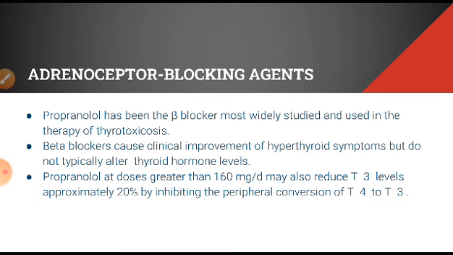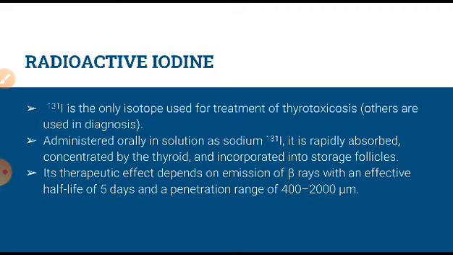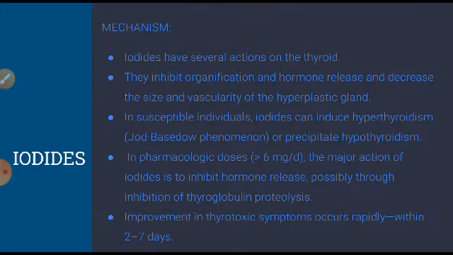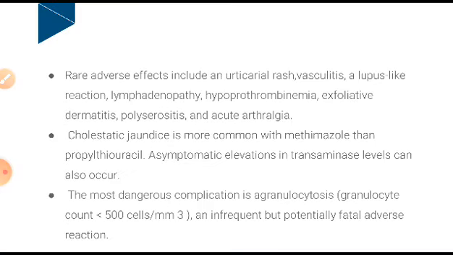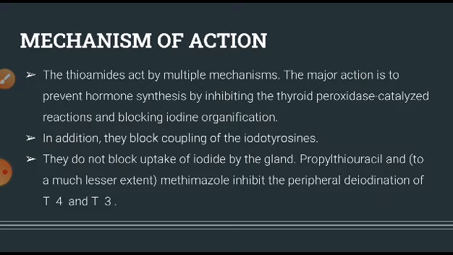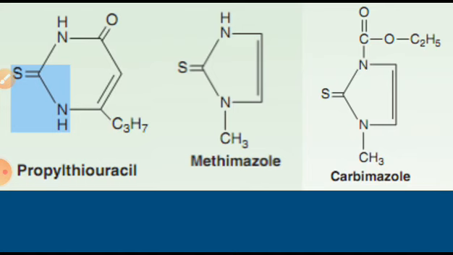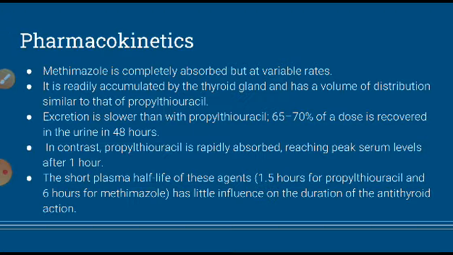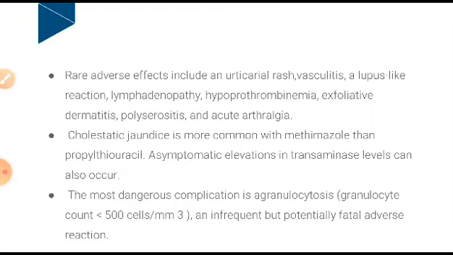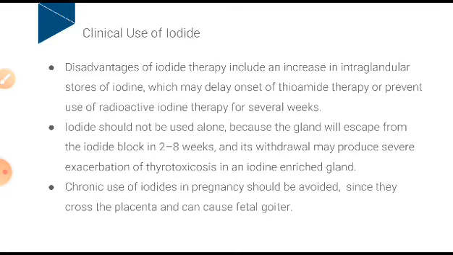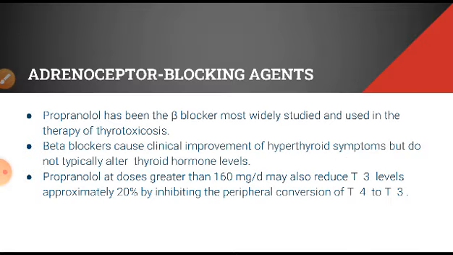So you have seen these most directly acting drugs here: radioactive iodine, the iodides, and propylthiouracil, methimazole, and carbimazole. Other than that, there are certain drugs which act indirectly to improve the symptoms of these diseases. Under that, we have adrenoceptor blocking agents.